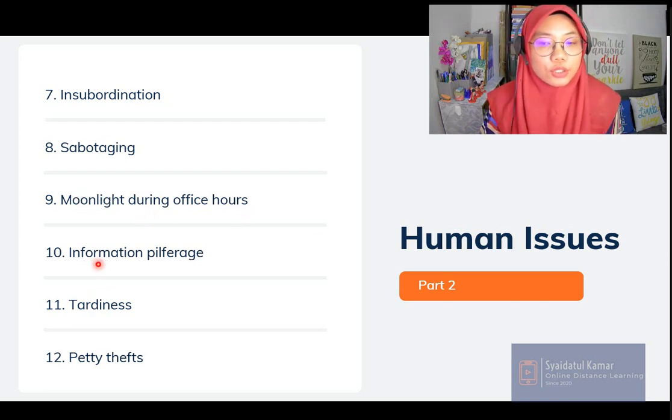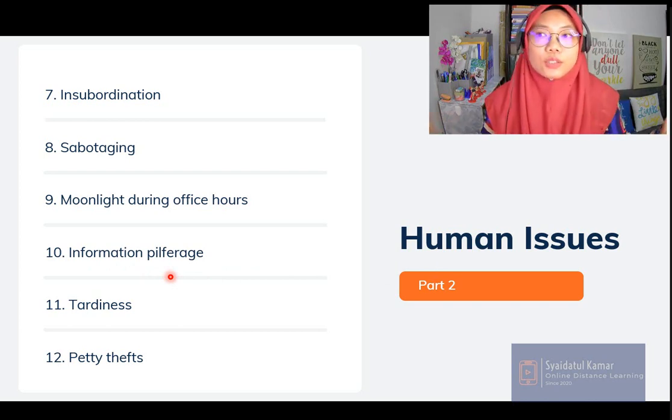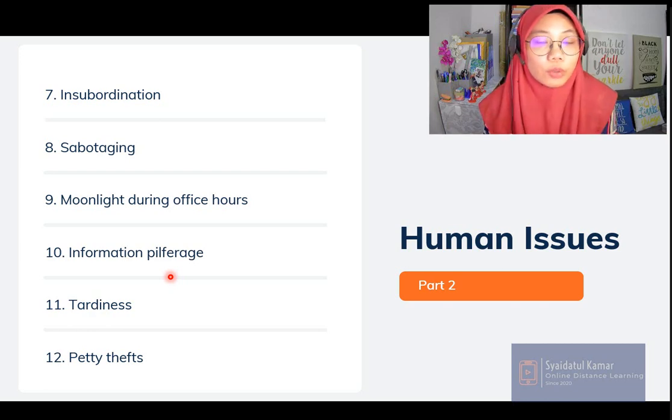Okay, another issue when it comes to human resources is information pilferage, which means that you have important, confidential information, and then you choose to leak it to the public, or probably people ask you questions related to the confidential info that is available in your company, and probably offer you a sum of money, some sort of gift or present for that information.